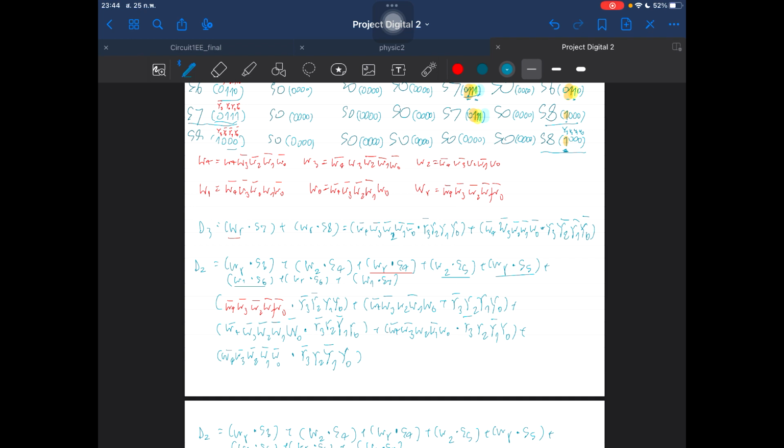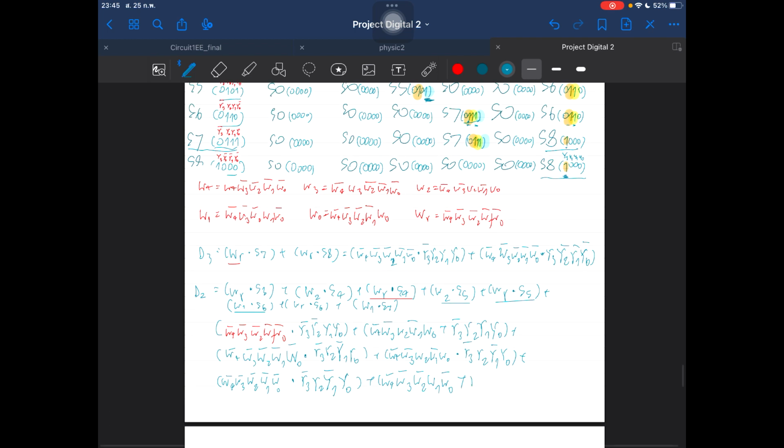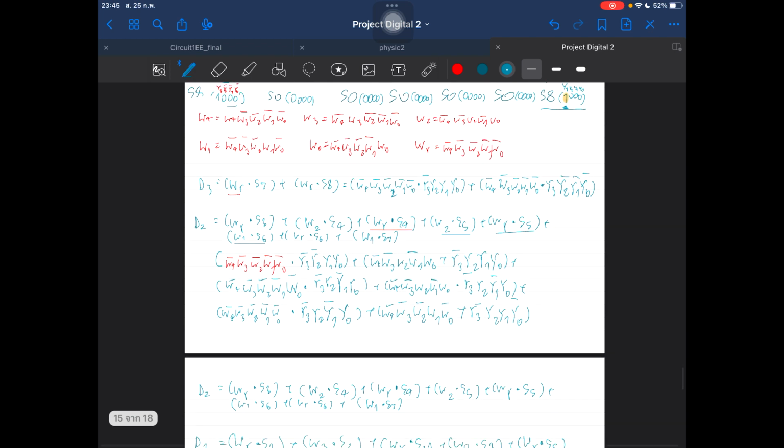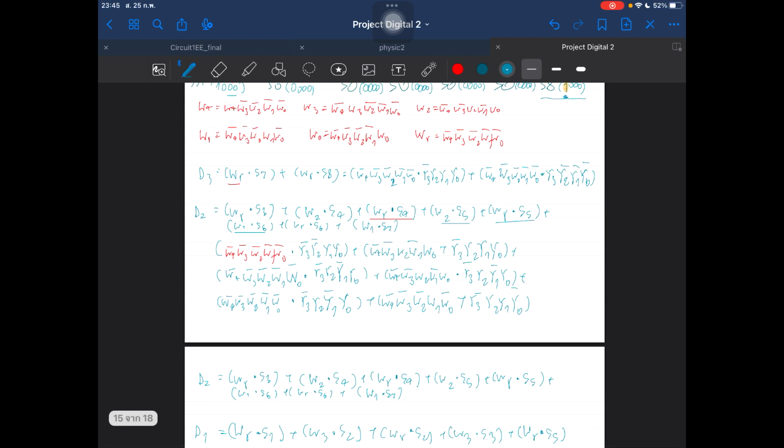Next line is W1, which is W3 that, W2 that, W1, W0 that, and next is the name of state 6, named Y3 that, Y2, Y1, Y0 that. And the last two are here.